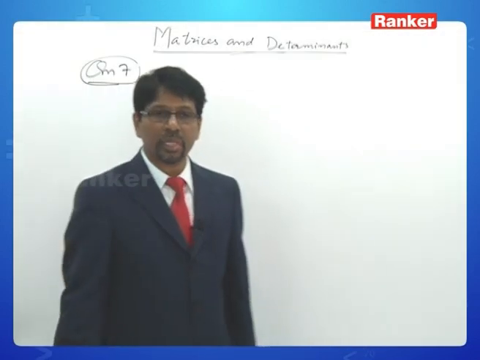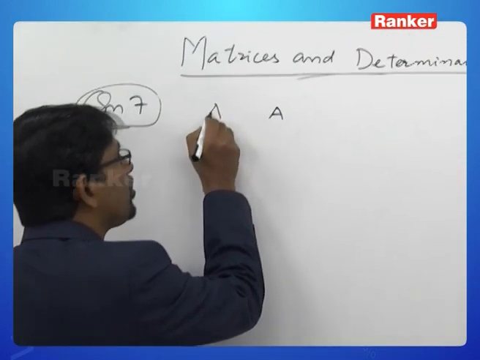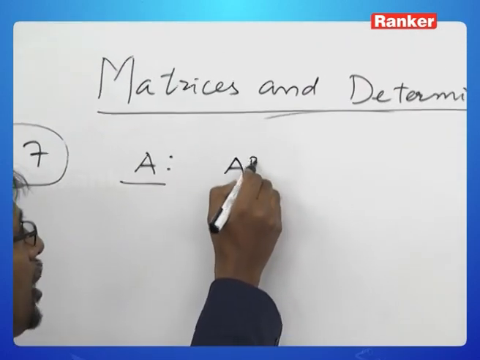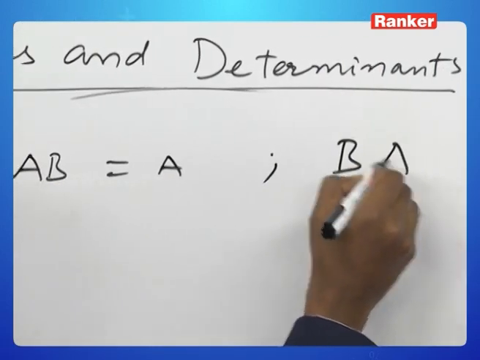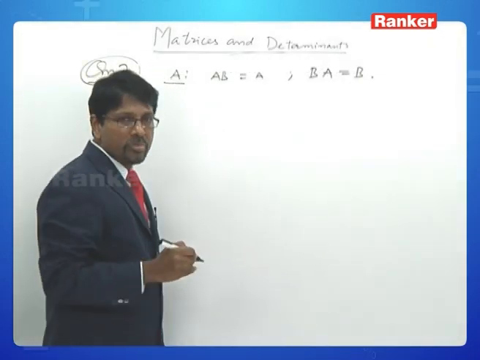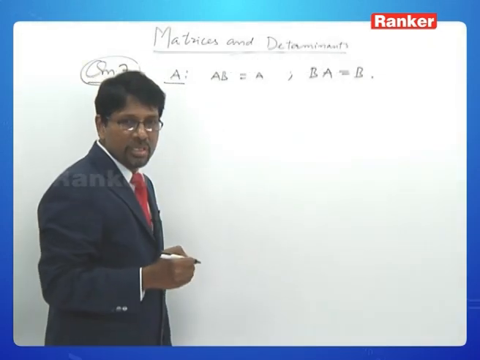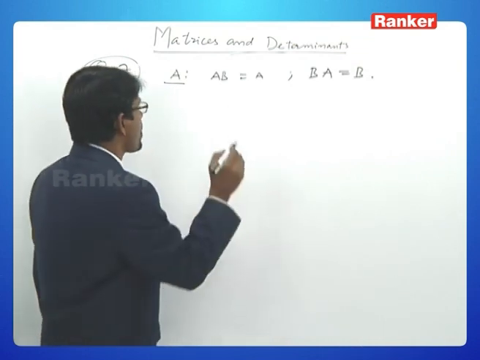Now let us look at this here. What is given in the first statement? Statement A tells us AB is equal to A as well as BA is equal to B. And what is the conclusion that is being drawn? A power n plus B power n is equal to A plus B, where n is any natural number.